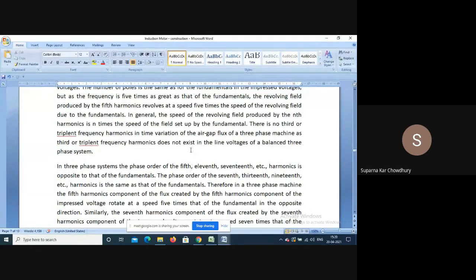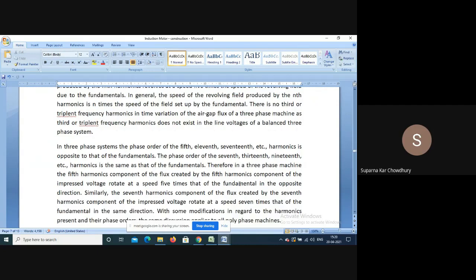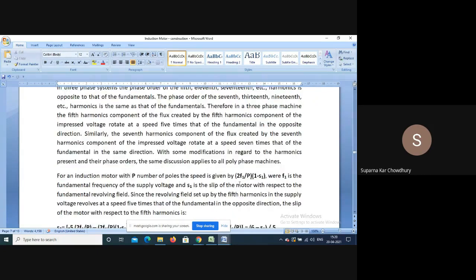Now some of these harmonics create the revolving field in the same direction as the fundamental, some in the opposite direction. Now the 5th and 11th harmonics create a field that rotates in the opposite direction to the fundamental, whereas the 7th and 13th harmonics will rotate in the direction of the fundamental.